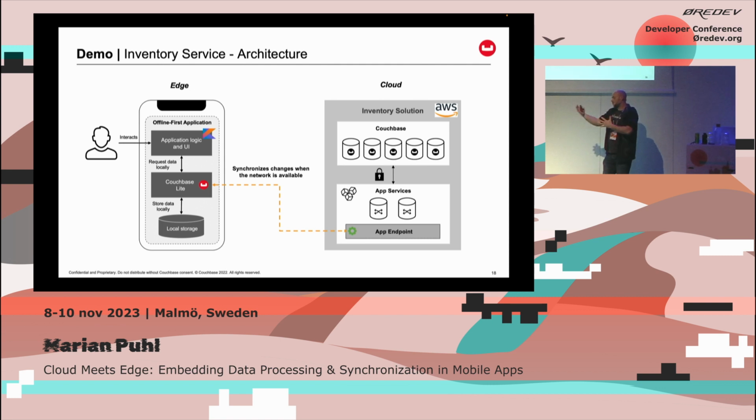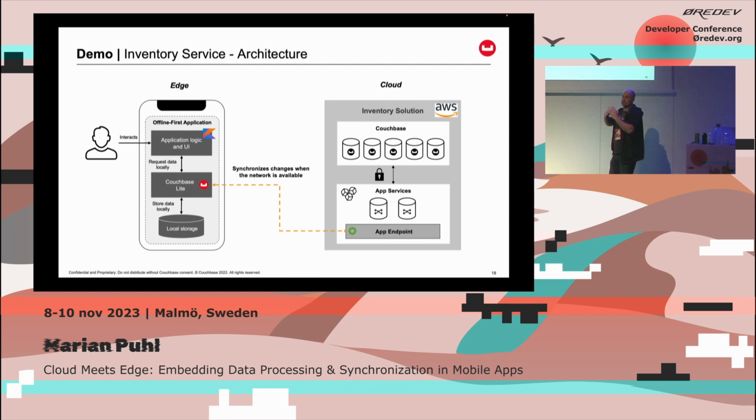The components involved are Couchbase, the database that I introduced at the very beginning, holding the full data set of everything across all the warehouses. This data is exposed through something called app services and an app endpoint. Their responsibility is the synchronization aspect that we talked about.